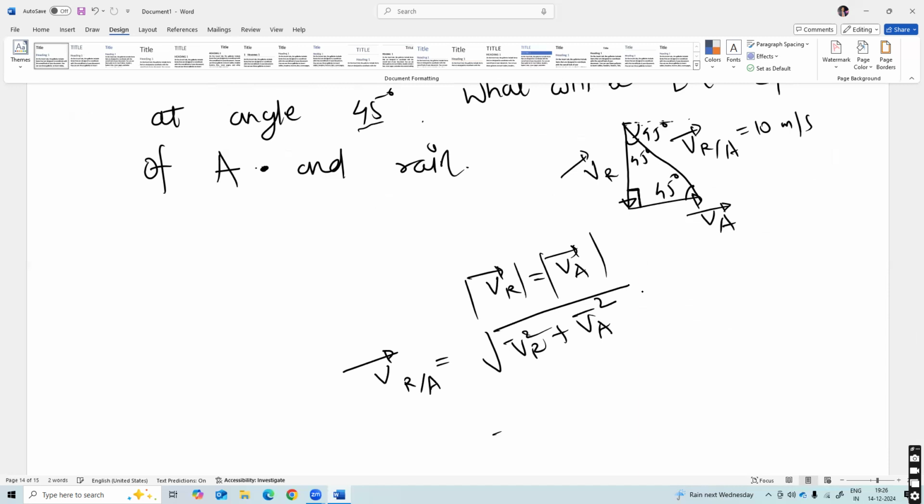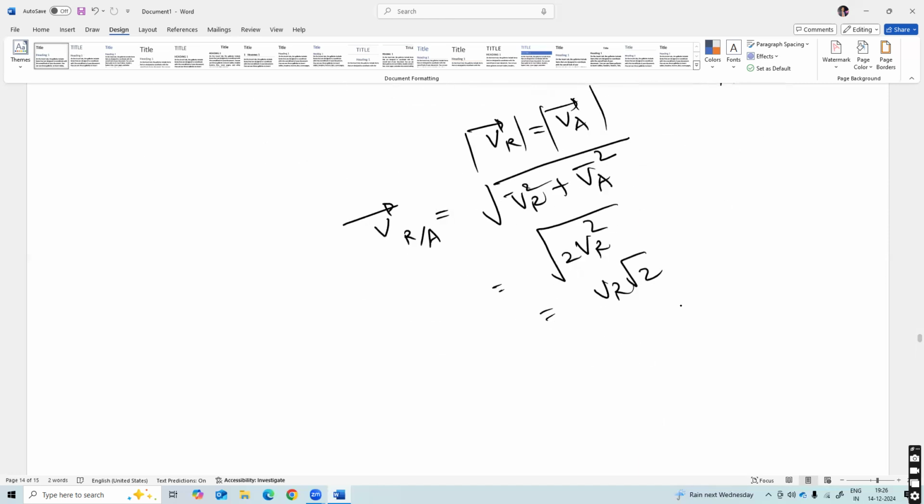Since VA and VR are same, we can write it is equal to square root of 2 VR square. So VR will come out and the square root of 2 will remain as it is. So magnitude of V_RA is basically velocity of rain VR into square root 2.